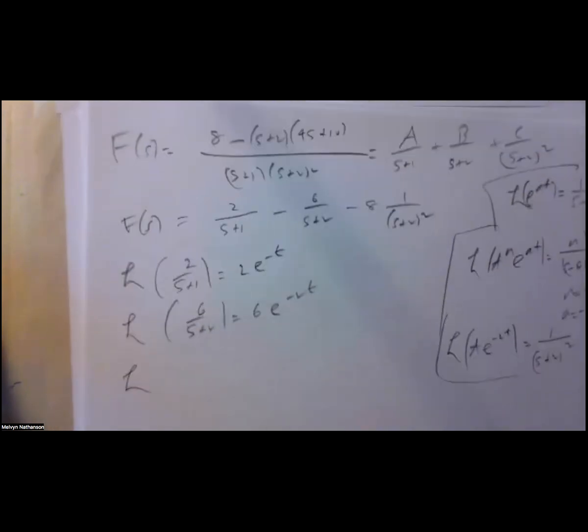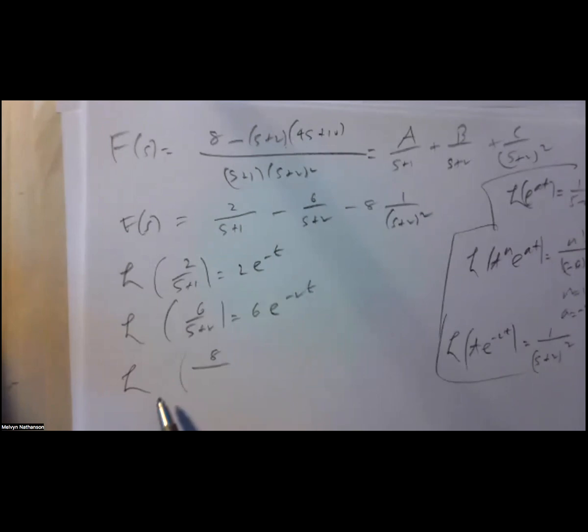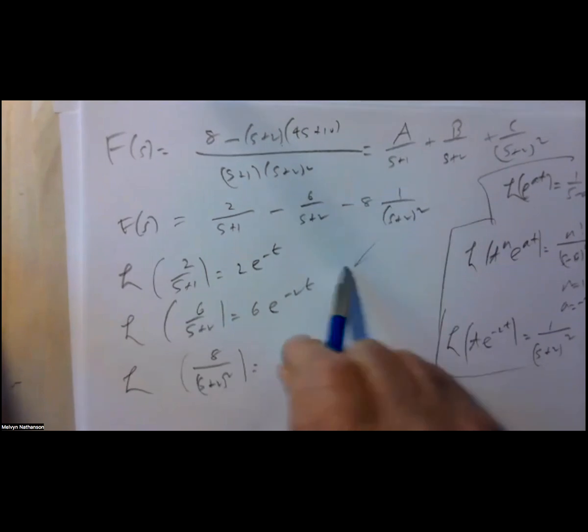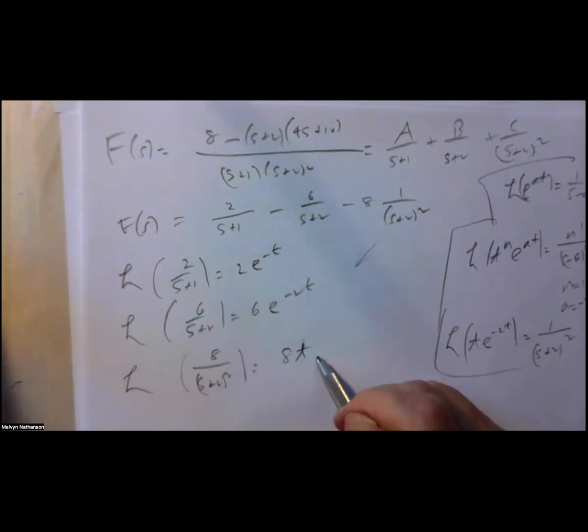So if I let n equal 1 and a equal minus 2, this says the Laplace transform of t e to the minus 2t is n factorial, that's 1, over (s-a), that's (s+2)². So the inverse Laplace transform of 8 over (s+2)² is 8t e to the minus 2t.